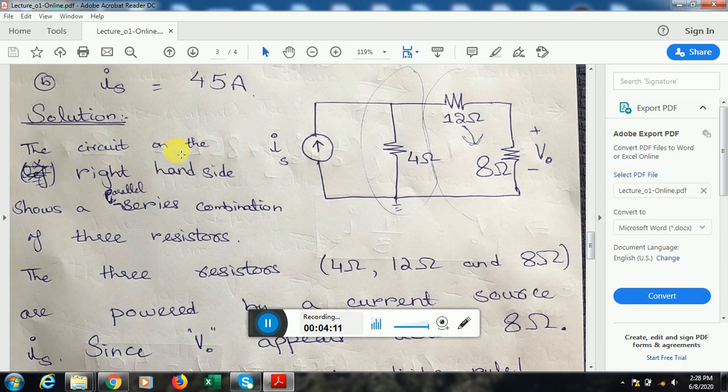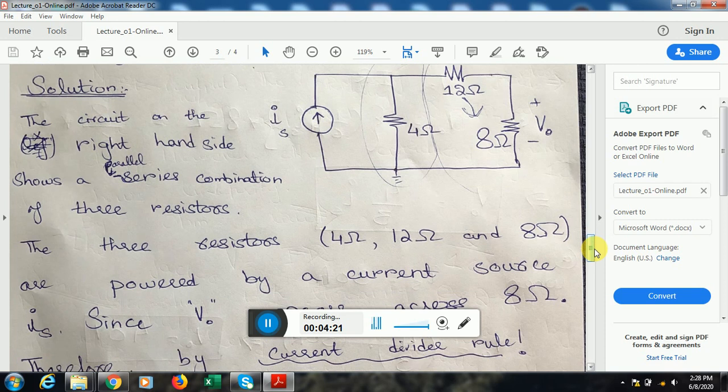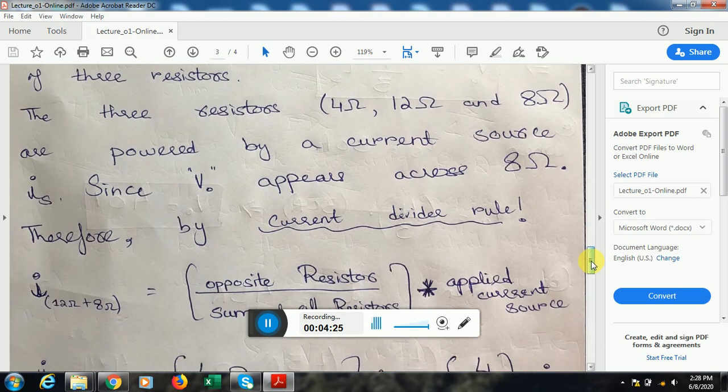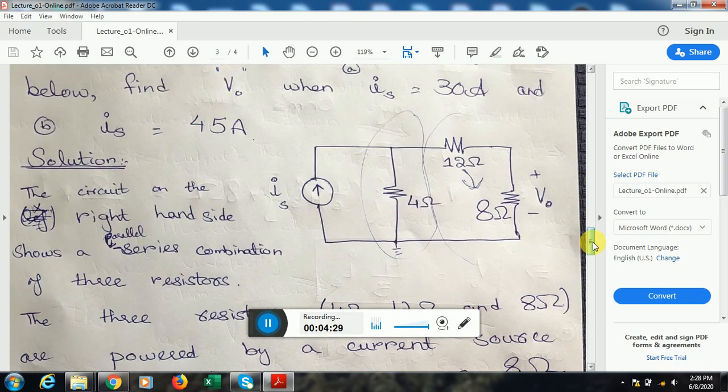So we can see that we have a series parallel combination on the right hand side of our notes, and this is the circuit we are given. The 4 ohm and 12 ohm are powered by the current source Is, and V0 appears across 8 ohm, as I told you. Since we have a series parallel combination over here, the current does not remain the same.